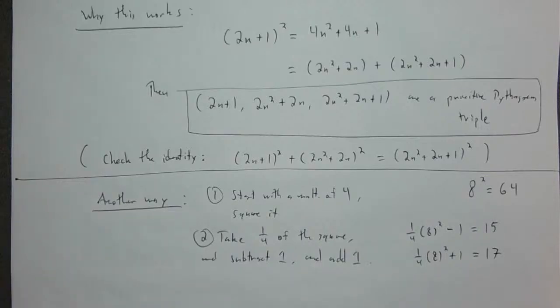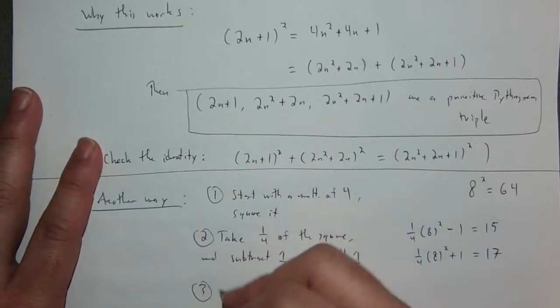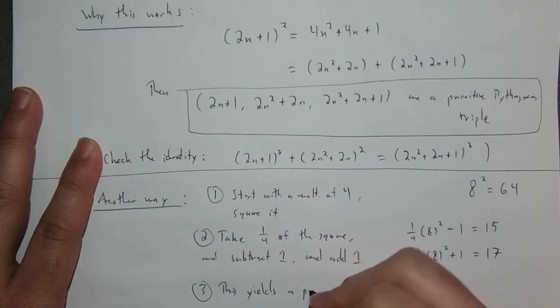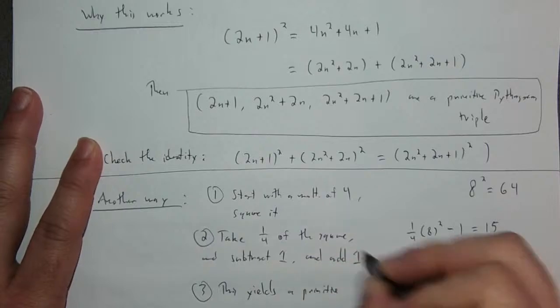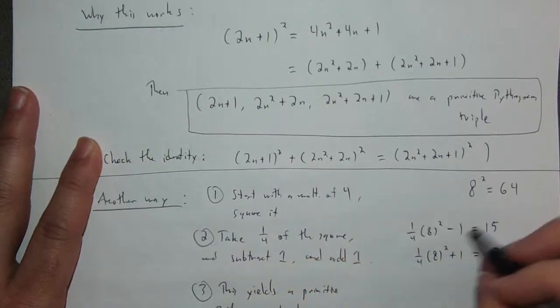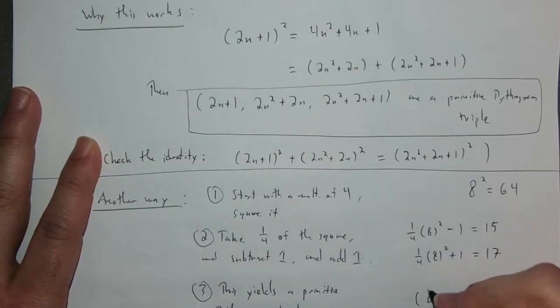Okay. And this yields a primitive Pythagorean triple. In this case, it's 8, 15, and 17.